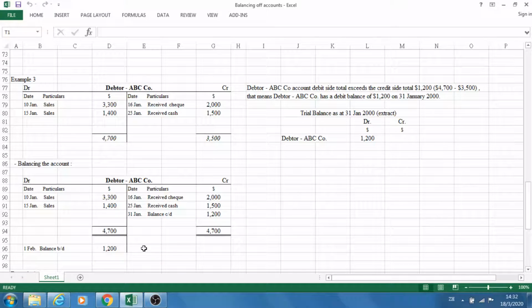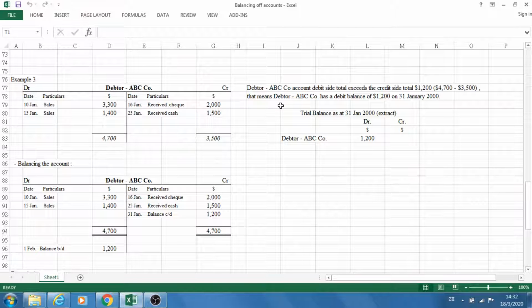Example 3. This is debtor ABC company's account. The debit side total is 4,700. The credit side total is 3,500. Debtor ABC company debit side total exceeds the credit side total by 1,200.